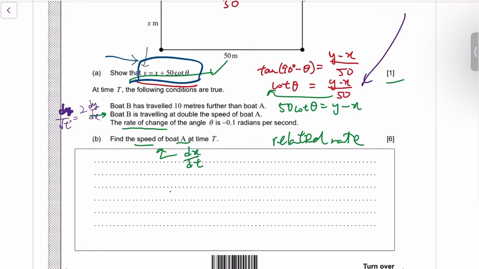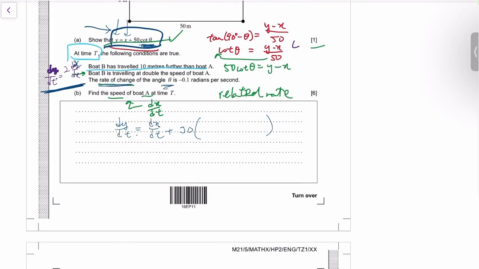If you differentiate y, you get dy dt. If you differentiate x, you get dx dt, plus 50. Differentiating cotangent theta gives negative cosecant squared, which is provided in the formula booklet. Then you chain rule, so times the derivative of theta, d theta dt.